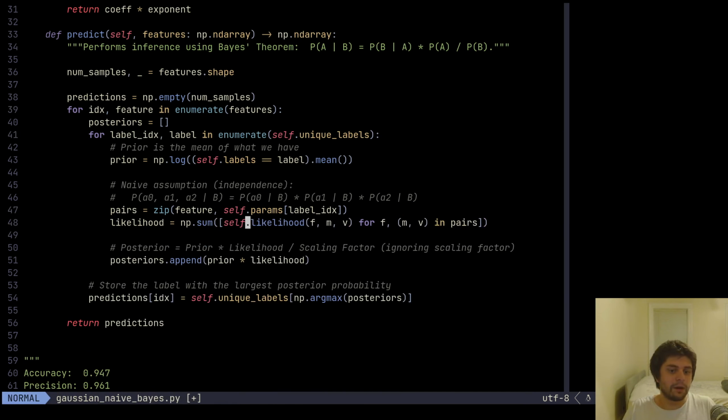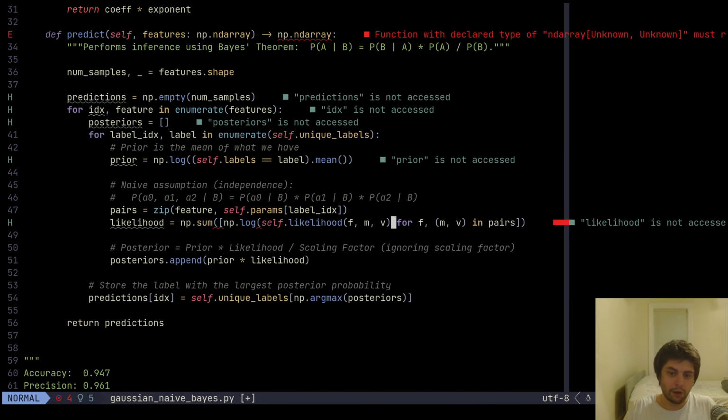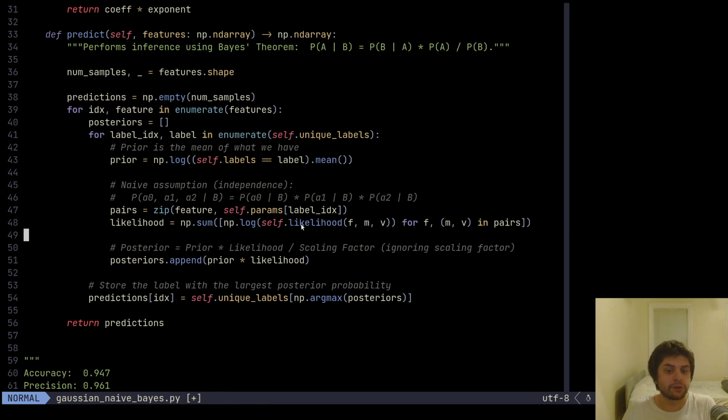And of course, this is going to be kind of the same approach. It's going to be a sum of log likelihoods instead of operating on the likelihood scale, like the actual default scale. We operate on the log scale, log likelihood basically. And here we also need to do addition because both prior and likelihood are going to be on the log scale. So we do addition there as well.